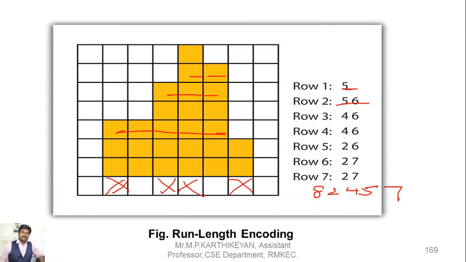Okay, so we can mark it as 3 different areas. For example, in row 8, the second cell is shaded or crossed. So when I take that cell alone, the starting point and ending point of that cell will be 2 only. It is starting from 2 and ending at 2.